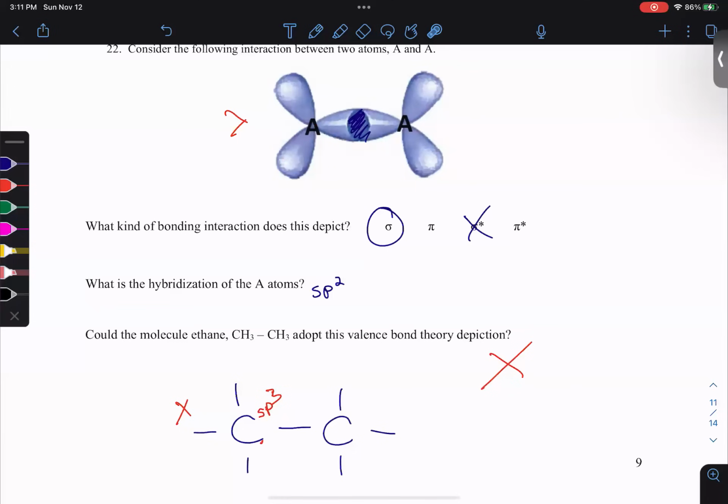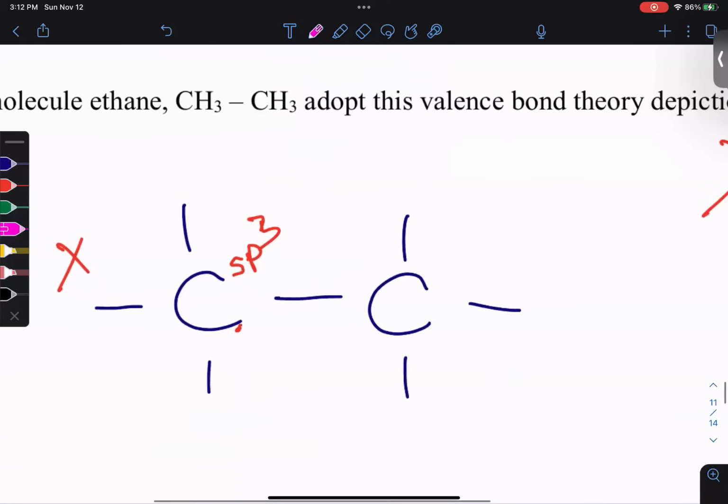Tetrahedral, yeah. And so we see that those two do not template on each other, right? So that means the orbitals that make up this chemical bond between carbon and carbon is an sp3 hybrid on one carbon and an sp3 hybrid on the other carbon. That's what makes the chemical bond between those 2 carbons.